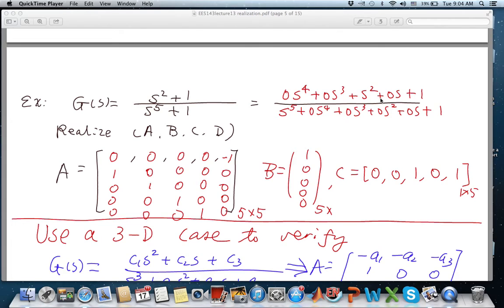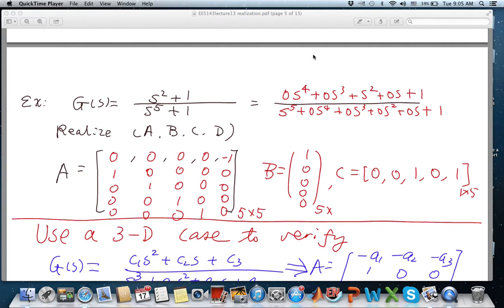And then we will rewrite the A matrix according to the parameters 0, 0, 0, 0, 1. And then we can rewrite negative a1, negative a2, negative a3, negative a4, negative a5 like this one. Because the fourth order to the first order, they are all 0. We can see 0 here, and then the last term is negative 1.